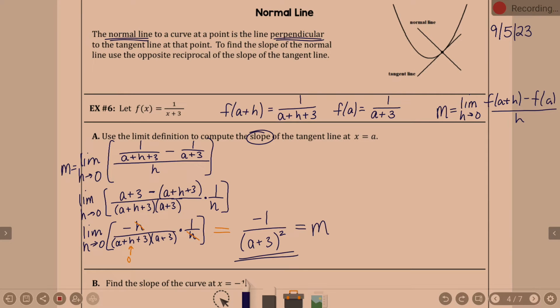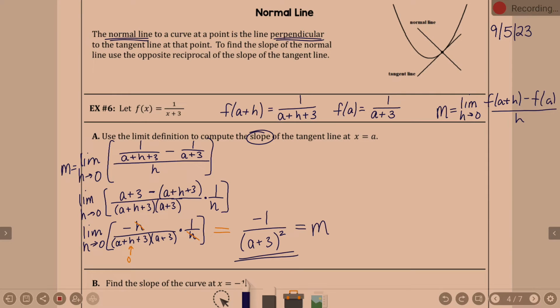What's part B ask us to do? Find the slope of the curve at x equals -1. Okay. How do we find the slope of the curve when x equals -1? We already have a slope. So this was the slope of the line at x equals a, yes?